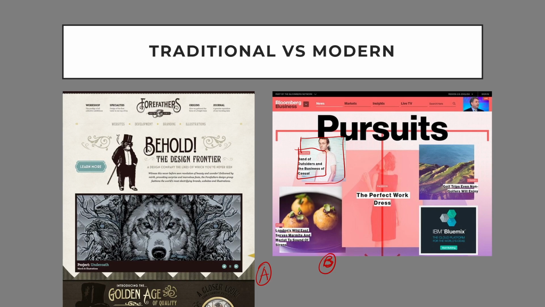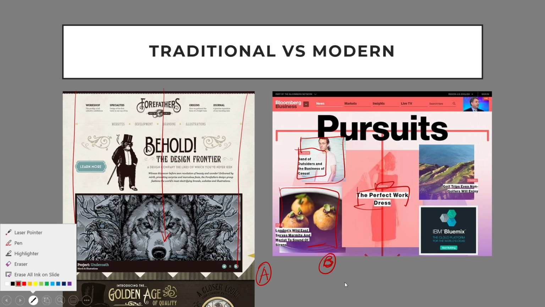Whereas on the right side, you can see there are images at the front, at the back, images everywhere, and even one of the images is covering the text. So there are inconsistent borders here. That's why it makes it modern, because it's not restricted. Okay. Thank you for that.